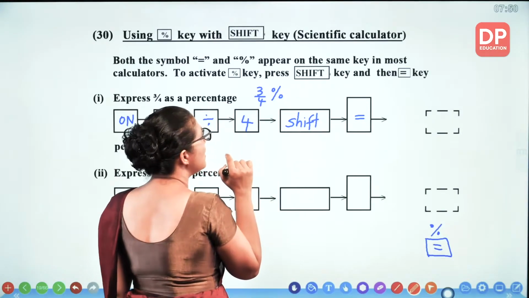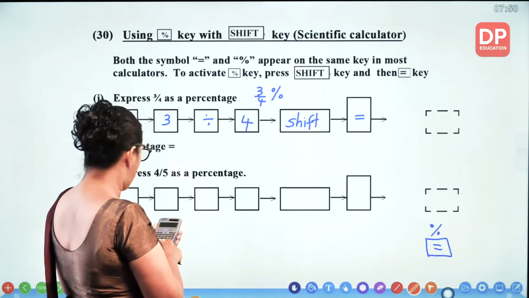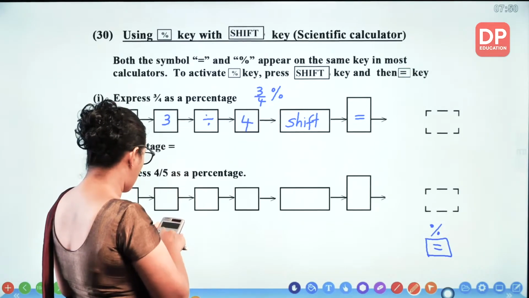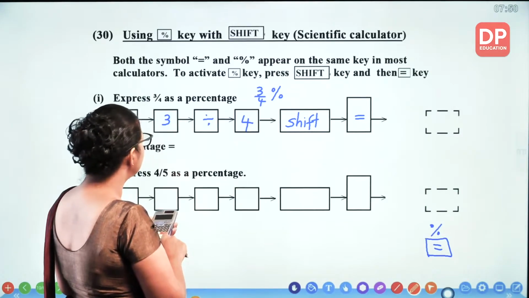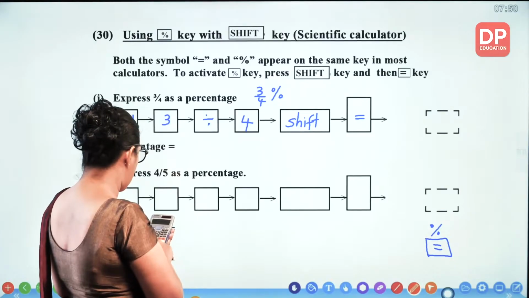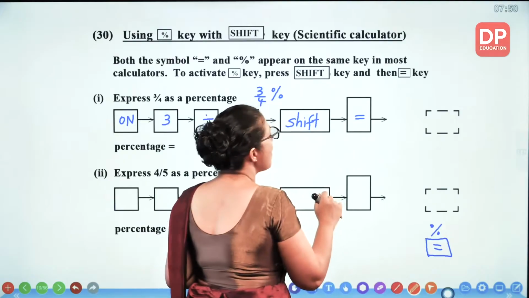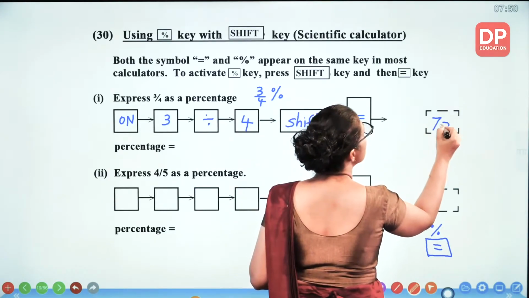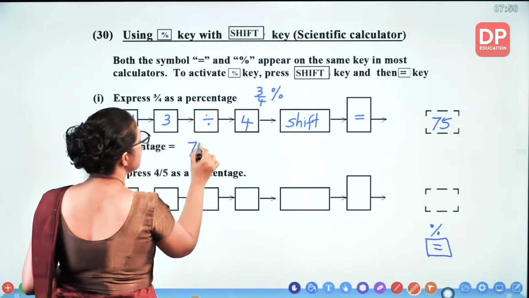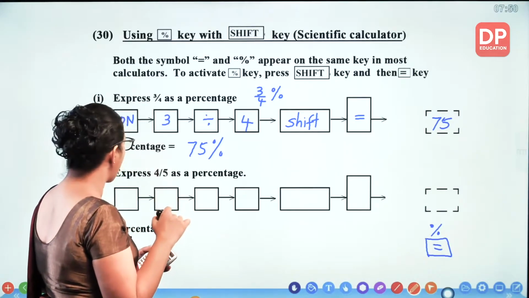Shift with equal, you get the percentage value. 3 divided by 4 and shift with equal sign, you get 75%. You can write down the answer as a percentage, 75%.